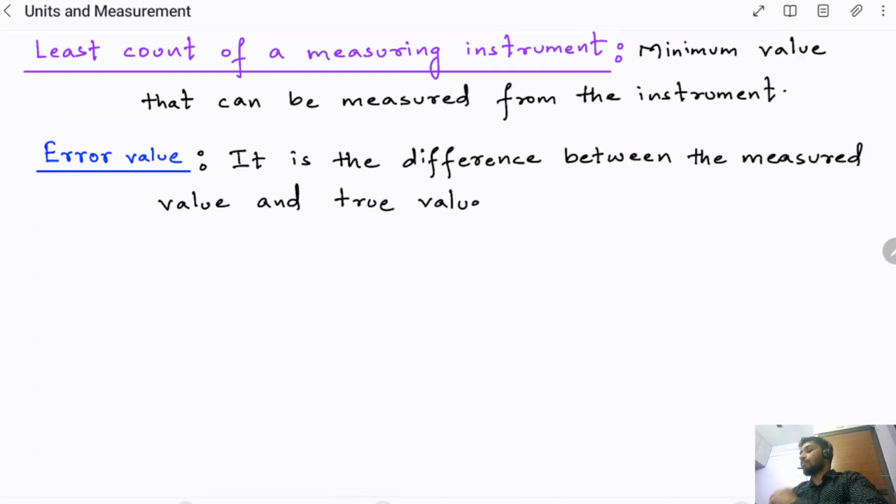Okay. Now we have two types of error. So let us quickly understand what are the types of error. So error has been divided into two categories.